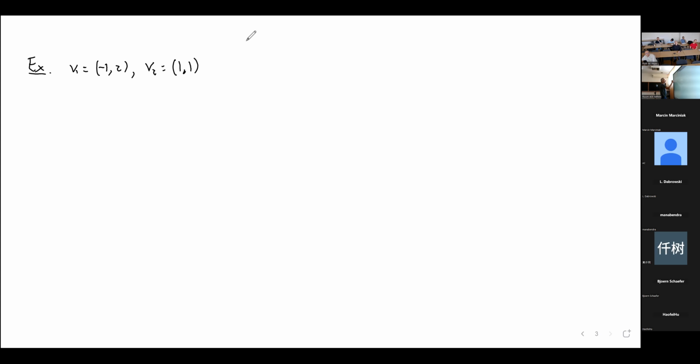And let's define a cone C, all non-negative linear combinations of these. So c1 V1 plus c2 V2, where c1 and c2 are non-negative.